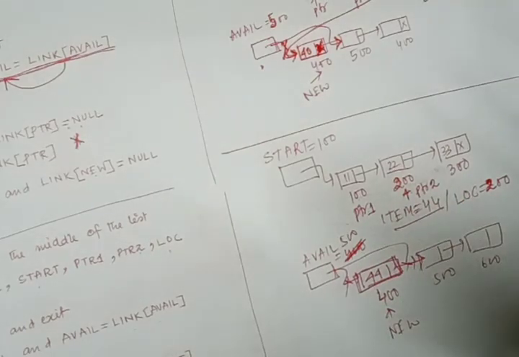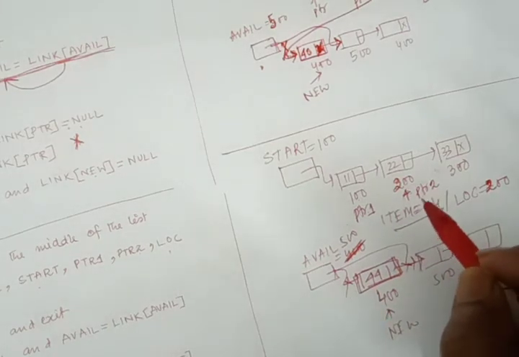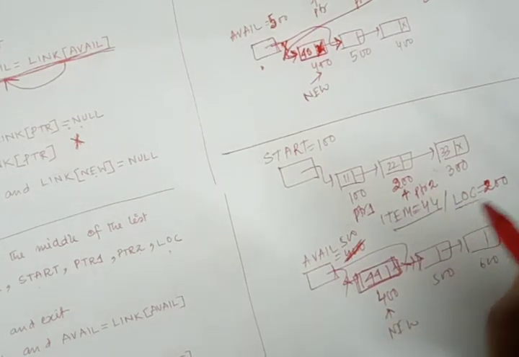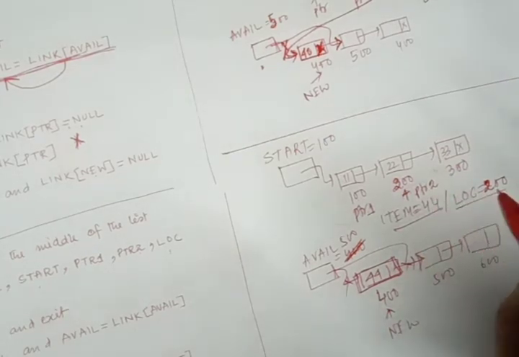Now you see repeat step 6 until ptr2 not equal to null.